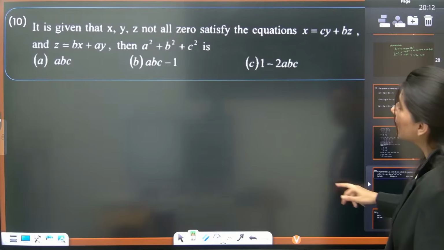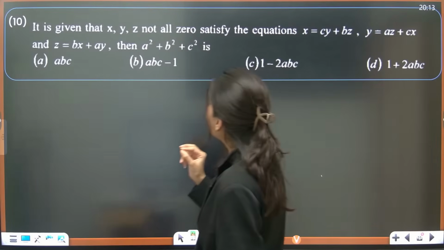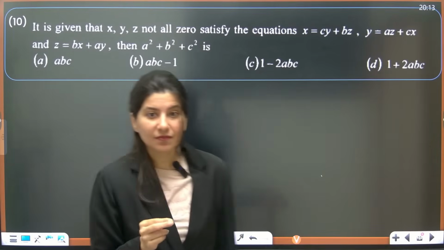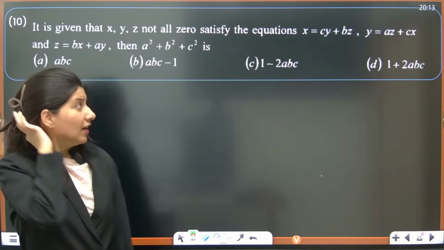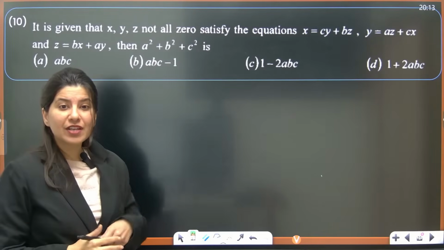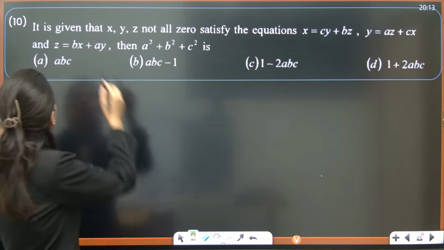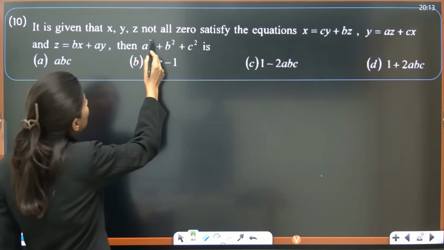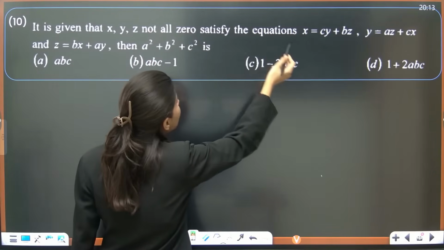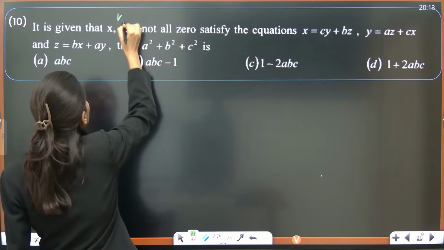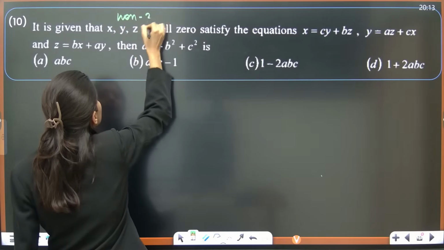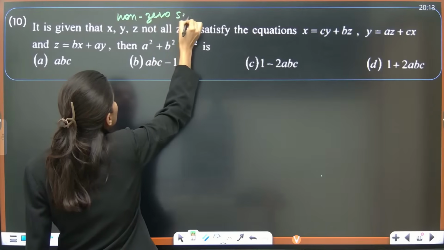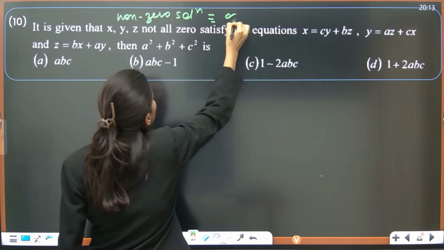Now we are having another question on our screen, and this is again a similar type of question, right? It is given that x, y, z not all 0 satisfy. So basically they are talking about a non-trivial solution. Non-zero solution is also equal to infinite solution.